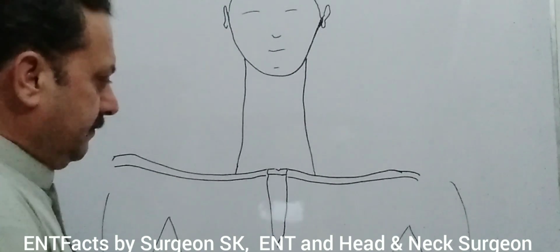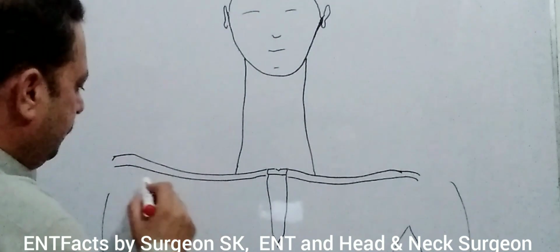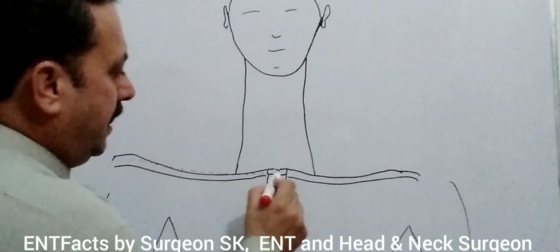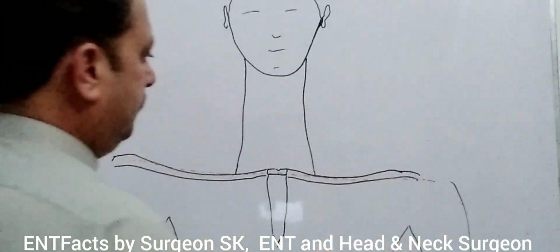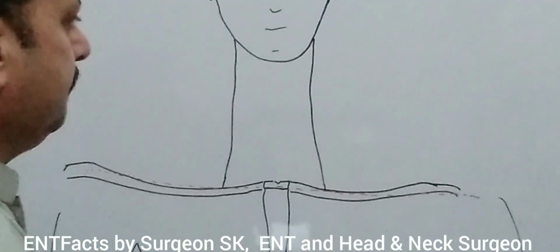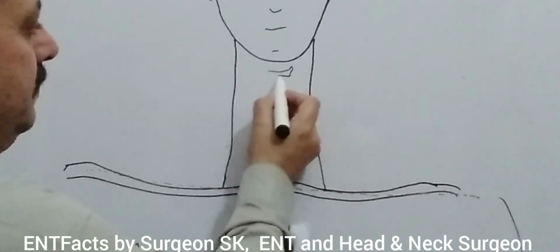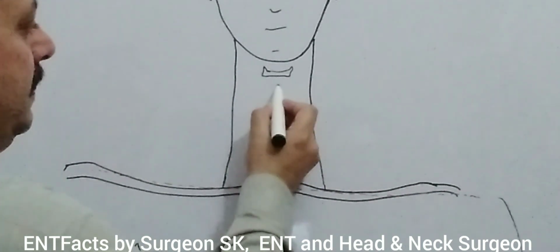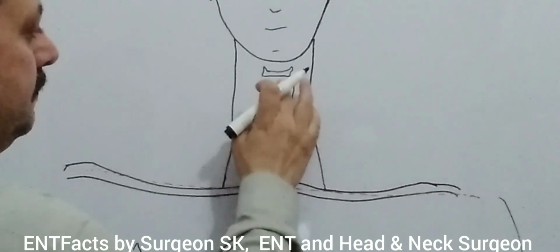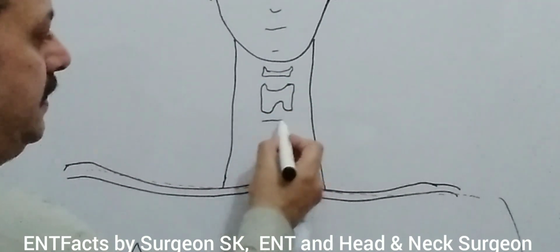Here, the zone 1 lies between 2 imaginary lines, a lower line passing just the clavicles, while the second line passes, if I draw first here, the different structures, like for example, this is the hyoid bone, this is the thyroid cartilage, and this is the cricoid cartilage.